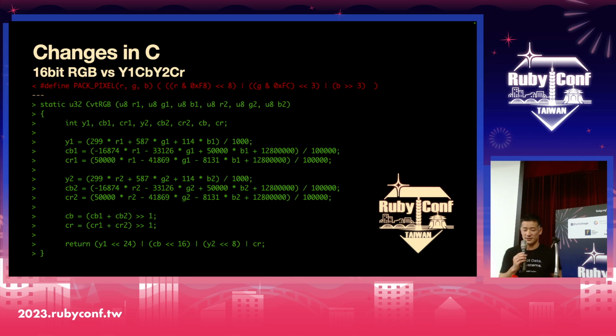Y represented the black and white signal, and CR and CB were color signals relative to the Y signal. And also on top of that, as you can see, there's R1, G1, B1, R2, G2, B2 in the arguments.